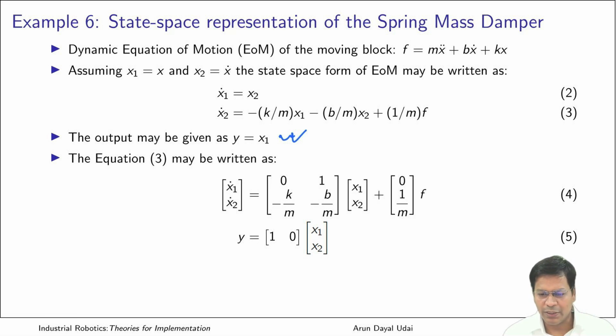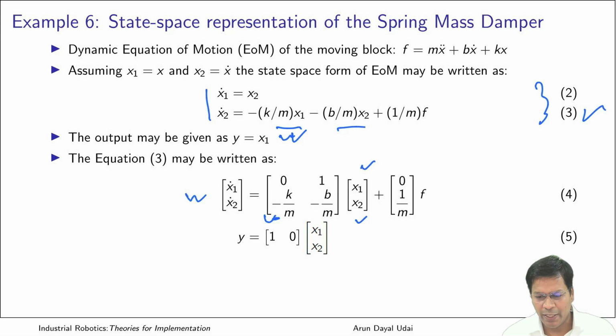Okay, so equations 2 and 3 can now be written both together in a compact manner. I have put these two over here, and if you see, I have taken x1 and x2 directly over here. So x1 and x2 both appear here, and that comes in the next column. So it is minus k by m that is transferred here.